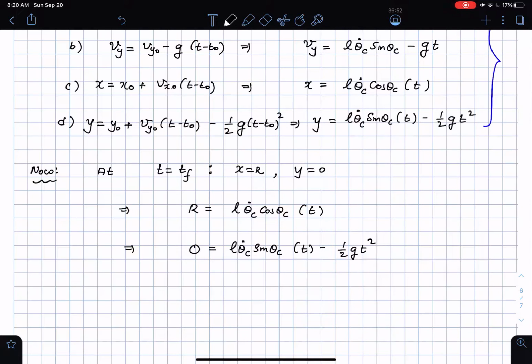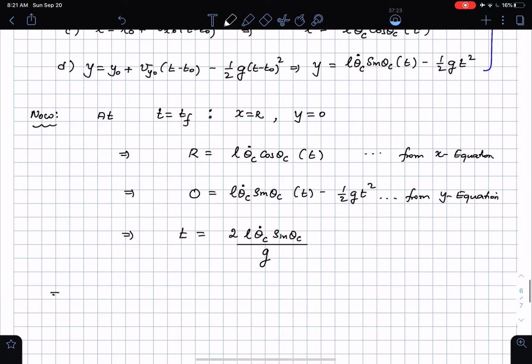Okay, so essentially t is equal to, solving from this, is from the x equation, and this is from the y equation, which essentially tells me the t, if I cancel off these factors and so on, is 2 times L theta dot C sine theta C divided by g.